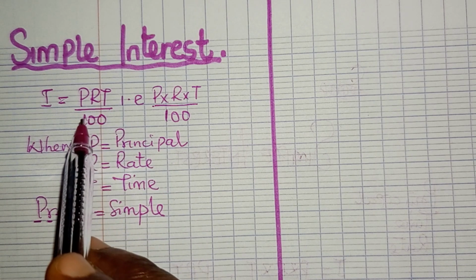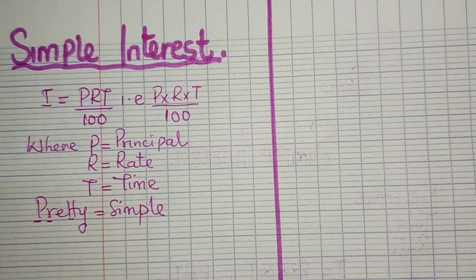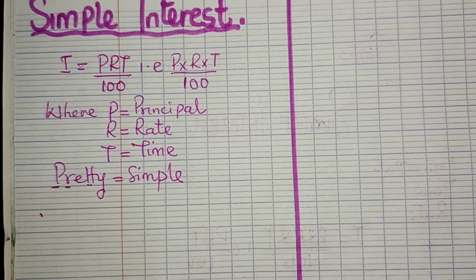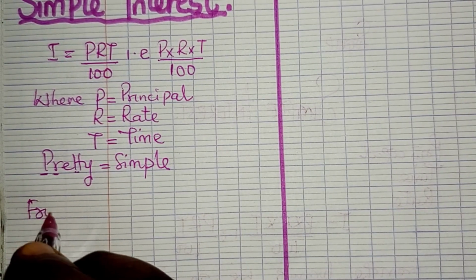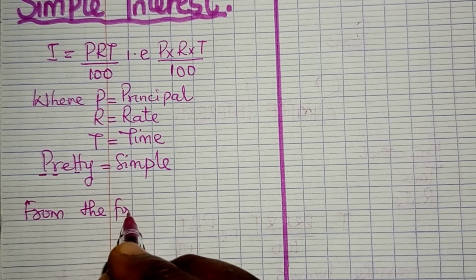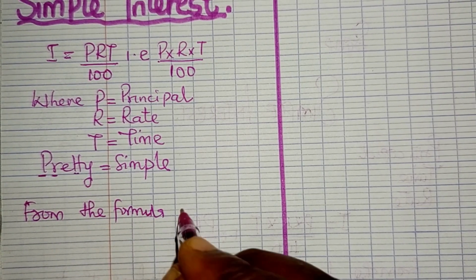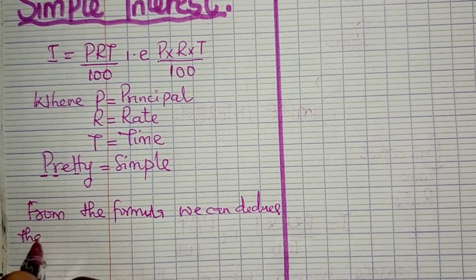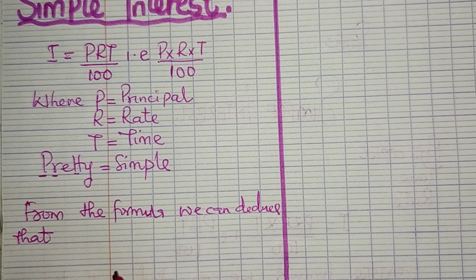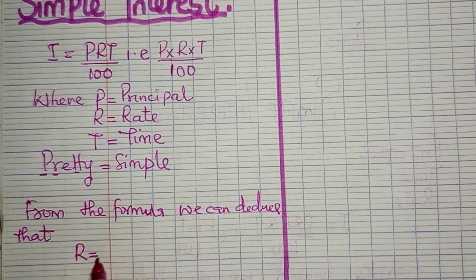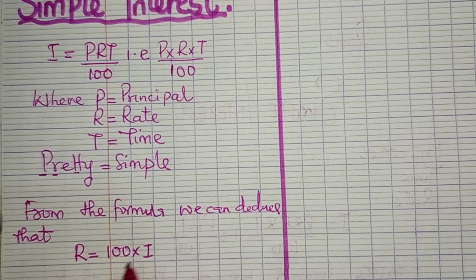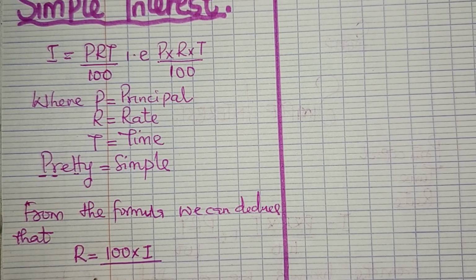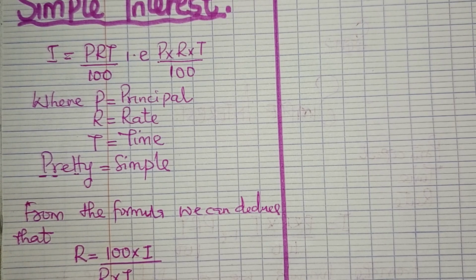Now, from this particular formula that we have here, we can deduce that R, which is rate, is equal to 100 multiplied by interest divided by principal multiplied by time.